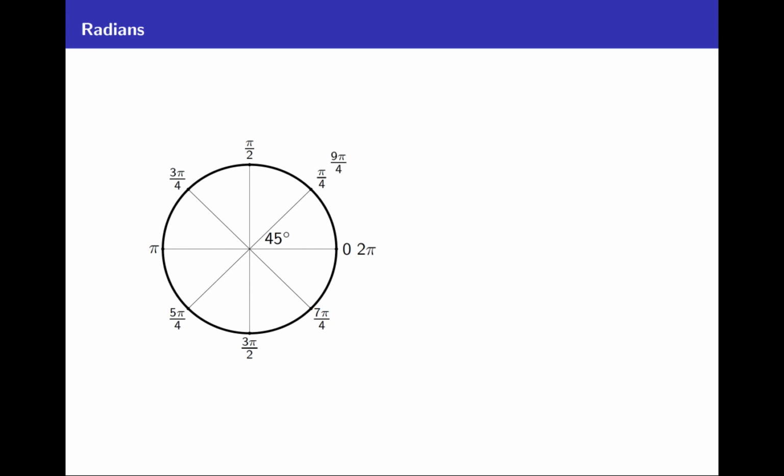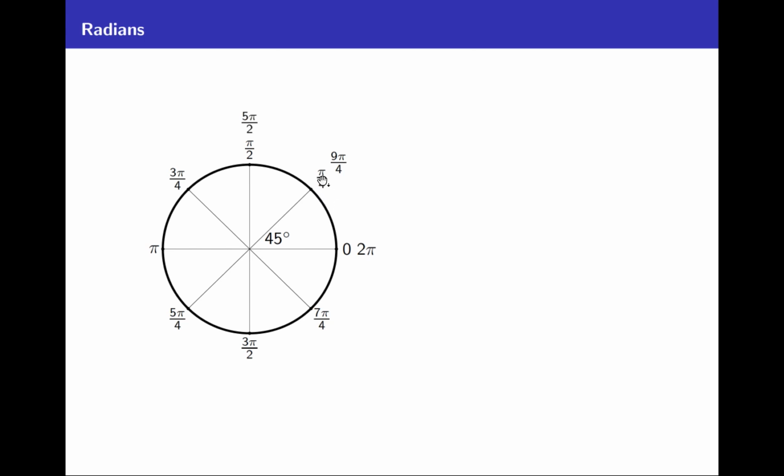But like degrees, you can continue. To 2 pi, add another pi over 4. Let's see, 2 pi was 8 pi over 4, go another pi over 4, that's 9 pi over 4. And notice that's the same point as pi over 4 on the unit circle. You've come all the way around the unit circle, you've doubled back to 9 pi over 4.